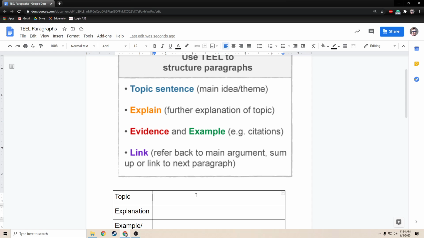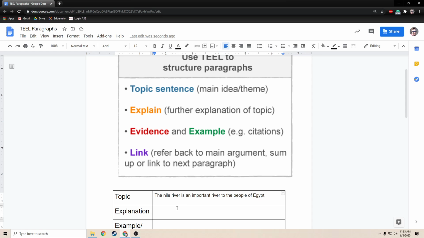So, for example, if I was writing a paragraph on the Nile River, I would say, the Nile River is an important river to the people of Egypt. This lets the reader know that everything in this paragraph will be about the Nile River in Egypt and how it affects the people in Egypt.